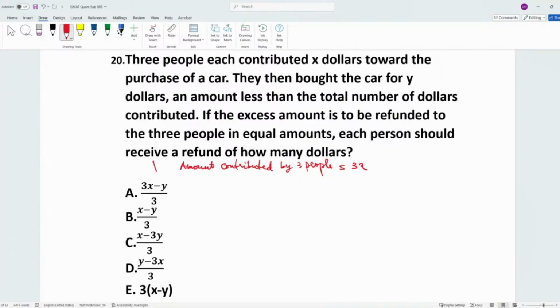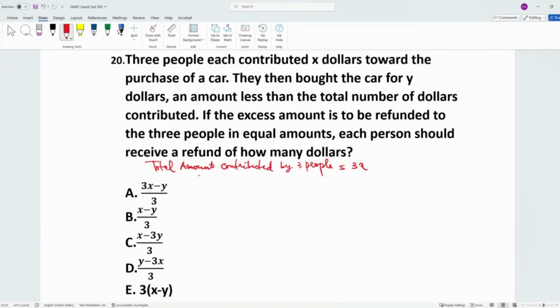So that here will be the total amount contributed by 3 people. So it's going to be 3 times x, which is the amount each one gets. And then it says they then bought the car for Y dollars, an amount less than the total number of dollars contributed.